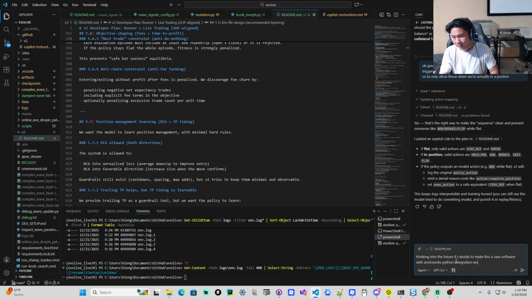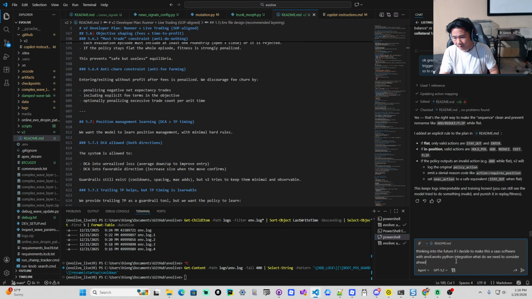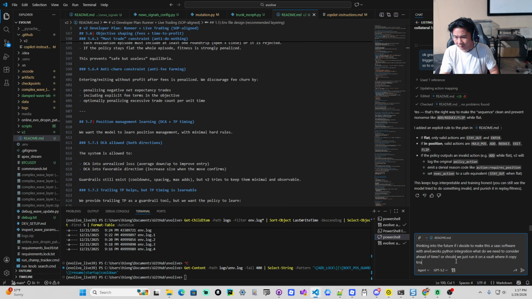What do we need to consider ahead of time? Or should we just run it on a vault where it copy trades and only charges a 10% fee when profitable?